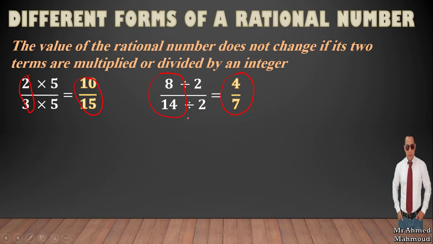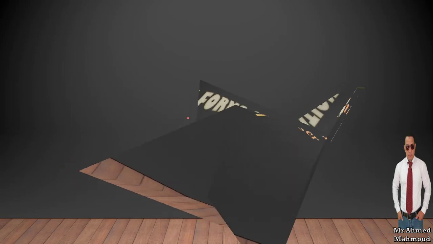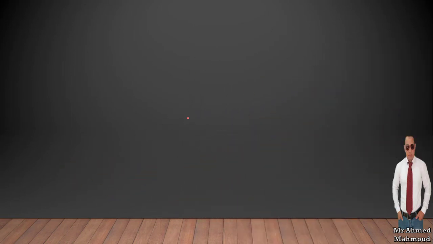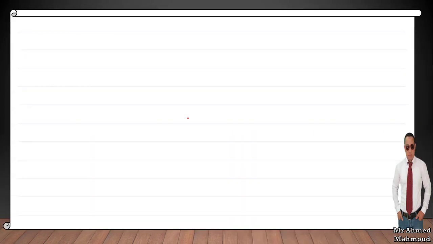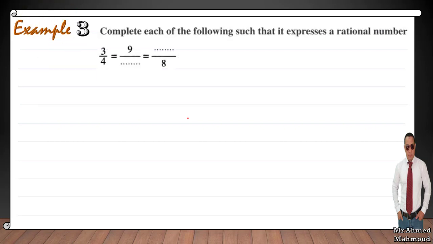Now let's study the next question. Example 3: complete the following to express a rational number. 3 over 4 equals 9 over what? I can solve this one by asking 3 times what equals 9? 3 times 3.